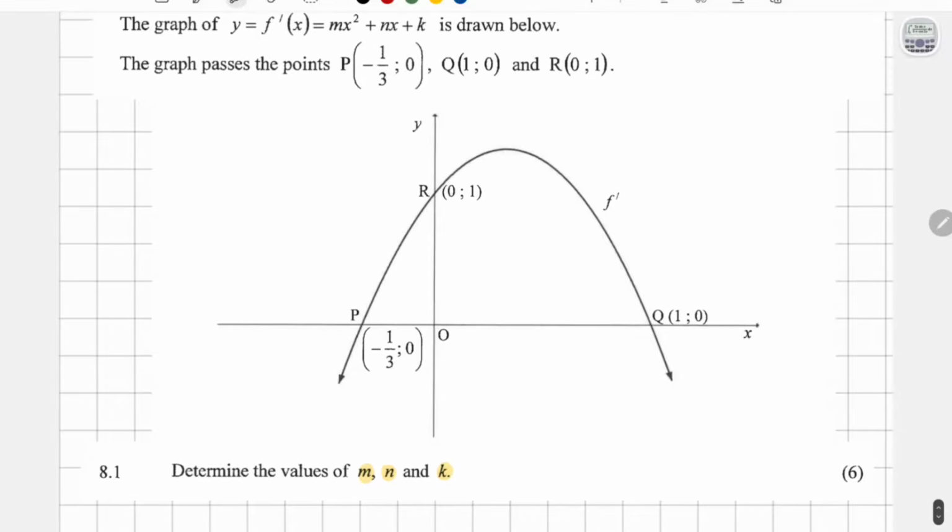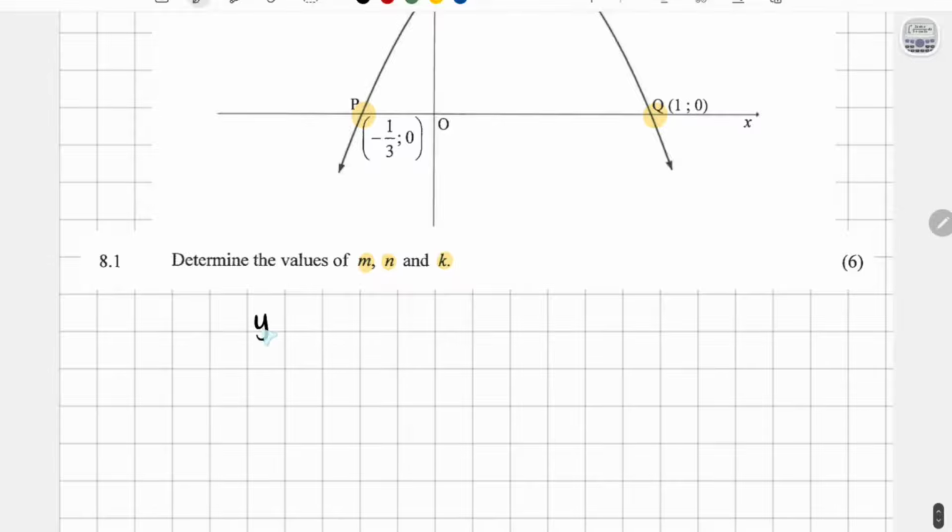Just pay close attention to what they have given you in the parabola. First of all, they gave you an x-intercept, gave you another x-intercept, and then they give you another point. Whenever they give you two x-intercepts, you can use the x-intercept formula of a parabola, which looks like this. It says y is equal to a bracket x minus x1 multiplied by x minus x2.